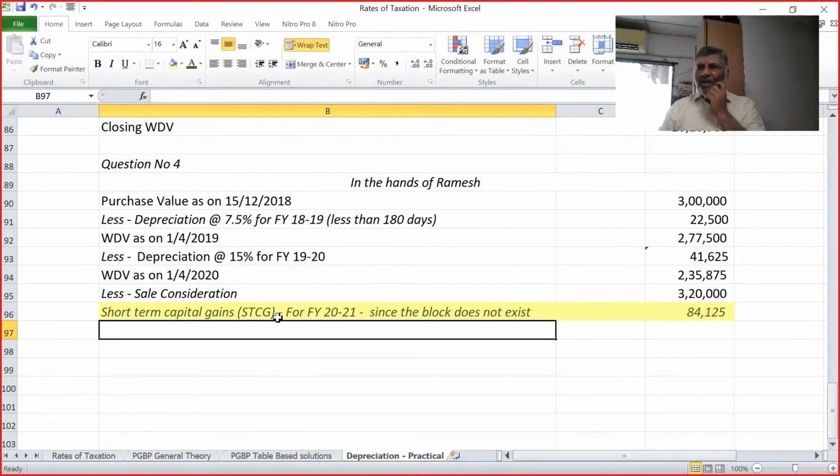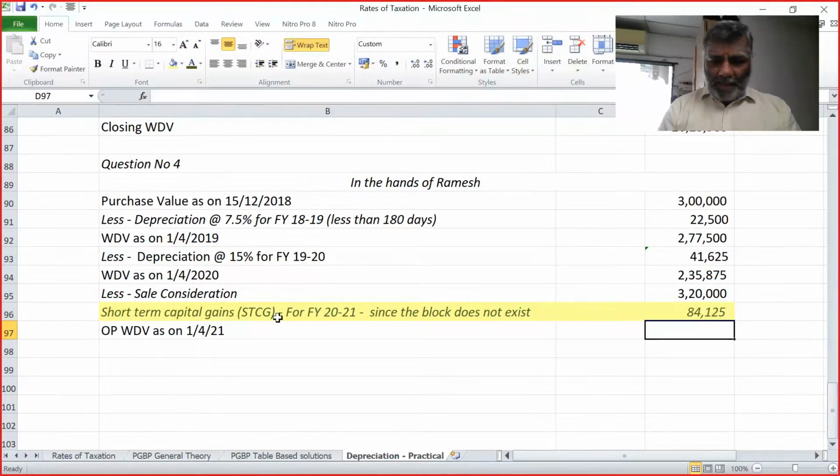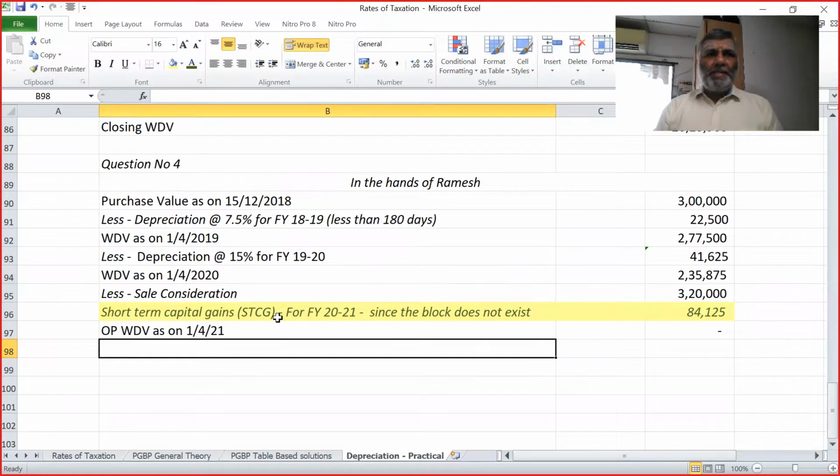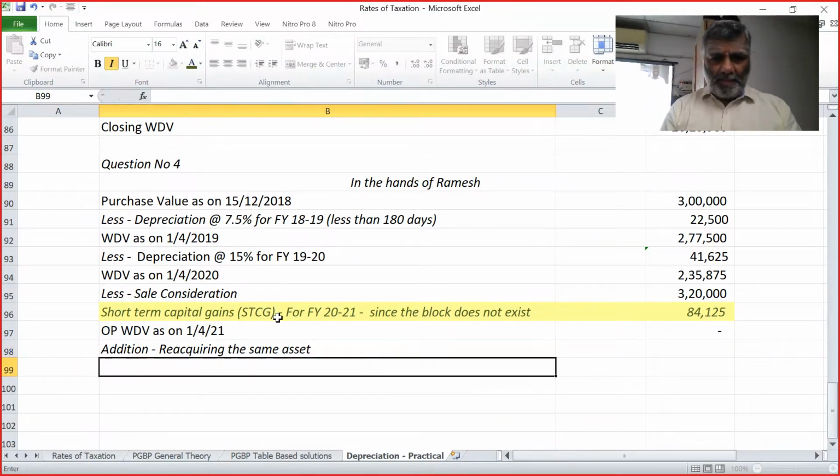This is for the financial year 2021. So opening WDV as on 1/4/21 is nil. Now, addition: reacquiring the same asset.